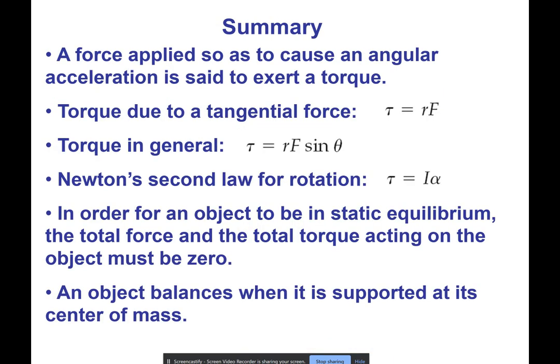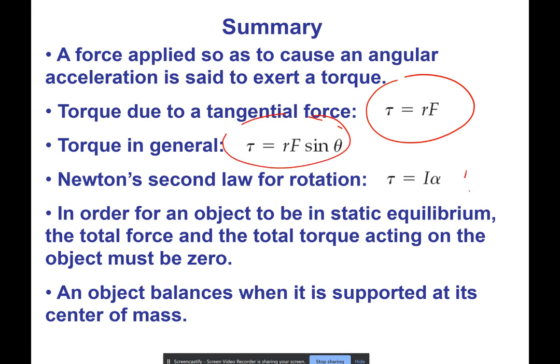There you go, so just a quick summary. You have a rotating force, which is called torque, and it can be your force times your radius, or force times radius times sine theta, depending on whether it's already perpendicular to the motion or not. And you can relate it back to Newton's second law. Now, this equation and this equation are on your formula chart.